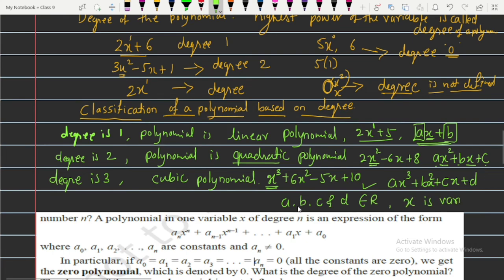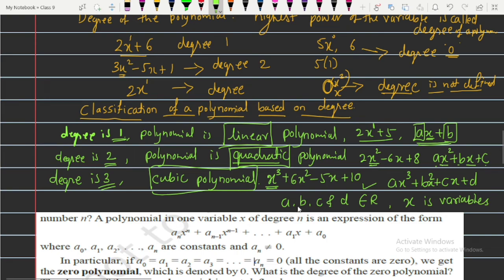So this is the classification of polynomials depending upon their degree. Once again I will repeat. If the degree is 1, we call it linear. If the degree is 2, we call it quadratic. If the degree is 3, we call it a cubic polynomial.